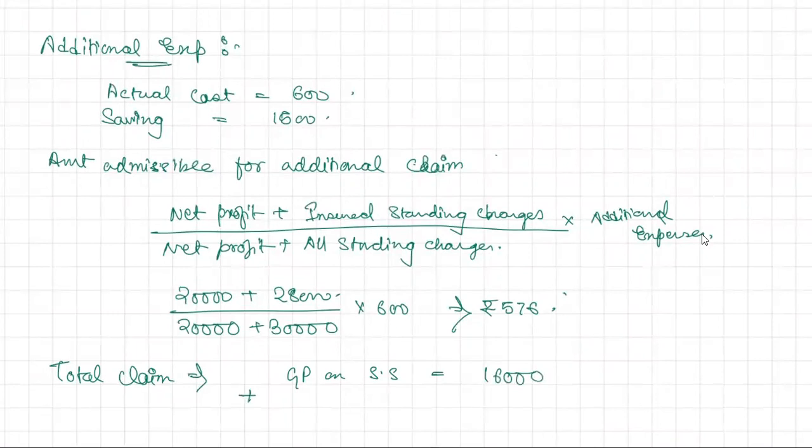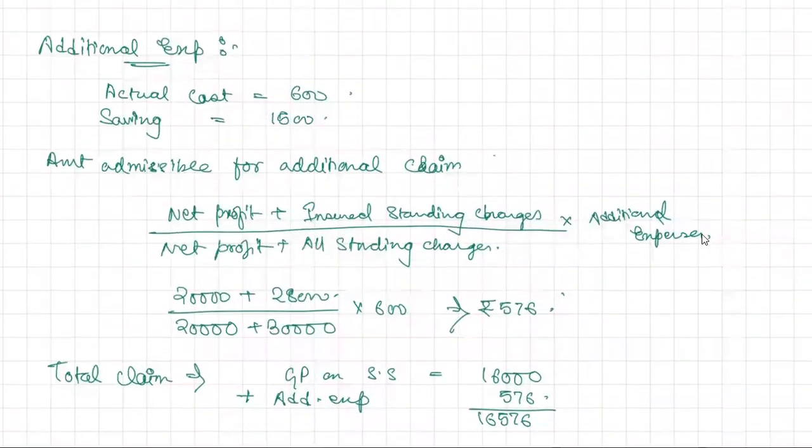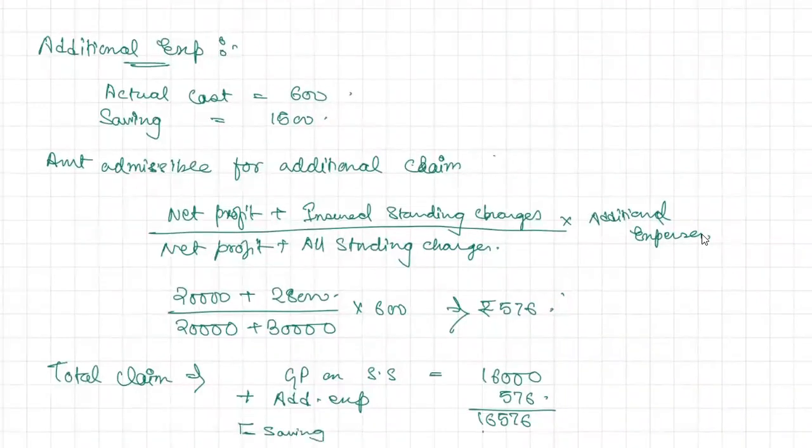Add admissible additional expenses 576. ओके, कितना आ गया? 16,576। ये क्या पूरा लॉस हो गया? नहीं हुआ, सेविंग्स आया था ना एडिशनल एक्सपेंसेस में, लेस सेविंग्स ऑफ 1500, तो कितना आया? 15,076। दिस इज आवर क्लेम। समझ में आया सेविंग्स कहाँ गया?